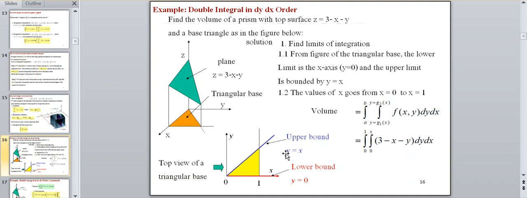It's this line, y equals x. So the integral of z equals f of x y, 3 minus x minus y, dy dx, where y is from 0 to x, and x is from 0 to 1. Now the integral is set up correctly.